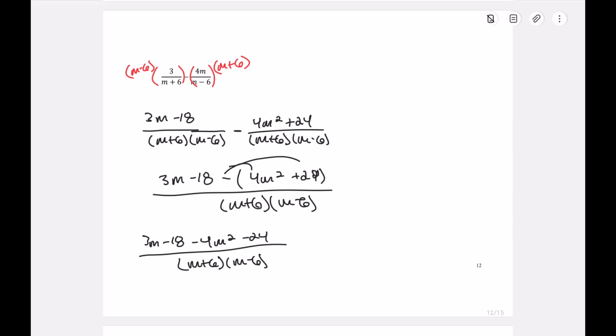If we combine like terms, we would get negative 4m squared minus 21m minus 18 all over m plus 6, m minus 6. And that does not factor in the top, so we can let it be.